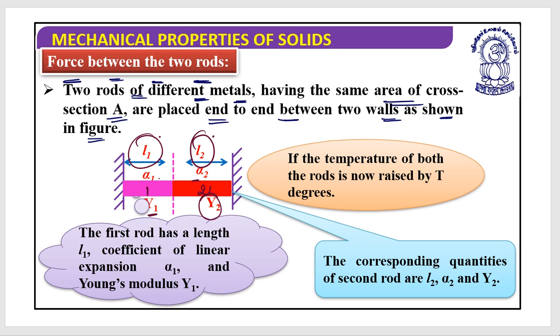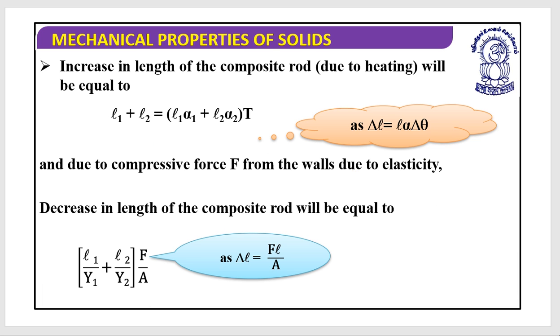Now let's suppose the temperature of both rods is raised by T degrees. If I heat this up by T degrees, what will be the situation? As this is supported by two rigid supports, it wants to increase its length, but this is not possible.